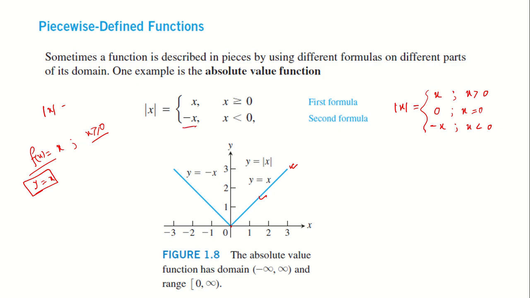And for the next one, f of x equals negative x, that means y equals negative x. This is the graph of y equals negative x, and for this we have the domain x less than 0.